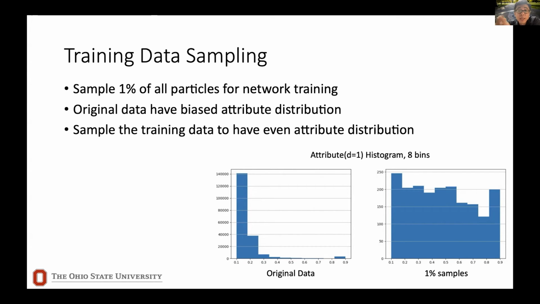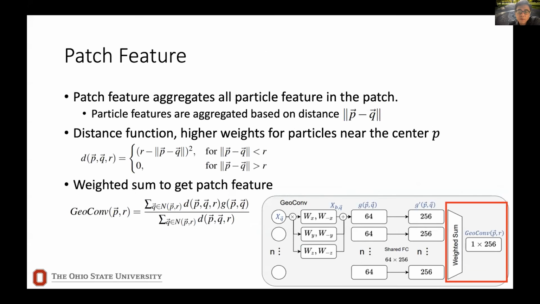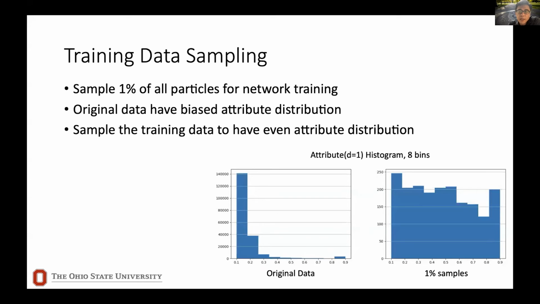For scientific data, scientists much more value the uncommon particles. So we actually increase the frequency for particles that are not common. Now the chart on the right shows the sampling frequency among that 1%. So you can imagine that for something that had low frequency, we sample those particles more.